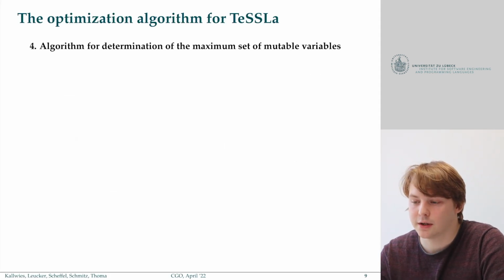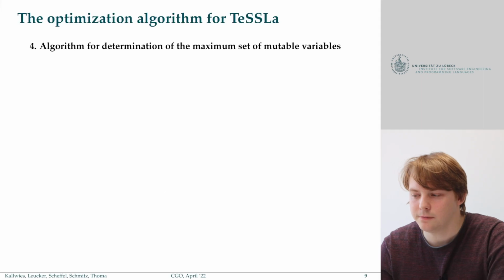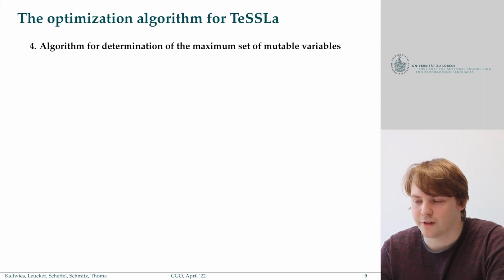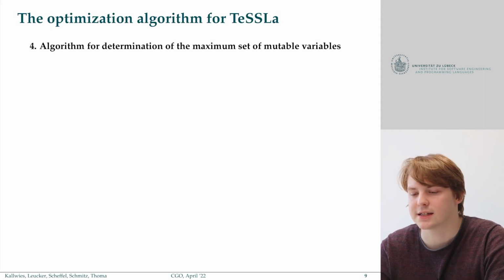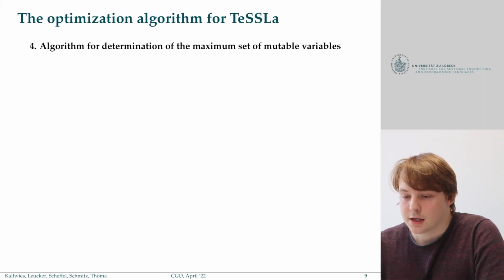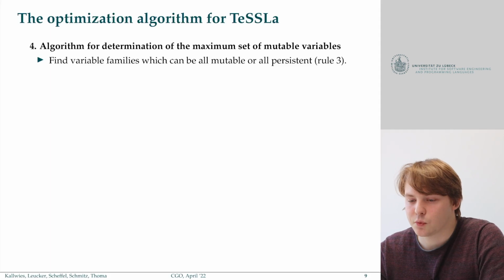Based on this criterion, I will now present to you the algorithm with which we find which variables may be implemented in a mutable way given the Tessla specification. The first step is that we determine the so-called variable families.